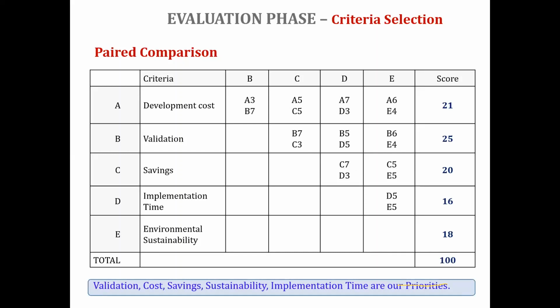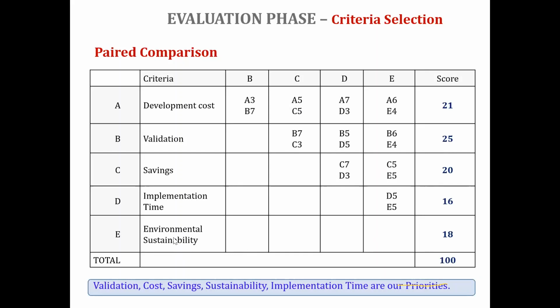And here C 3, in the sense 15, and here C 5, 15 plus 5, 20. And D, implementation time, for which D 5 plus 3 is 8, 8 plus 5 is 13, 13 plus 3 is 16.